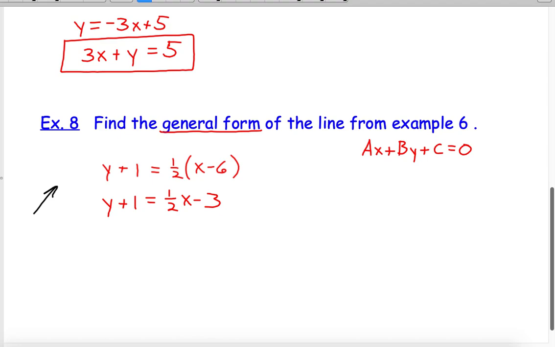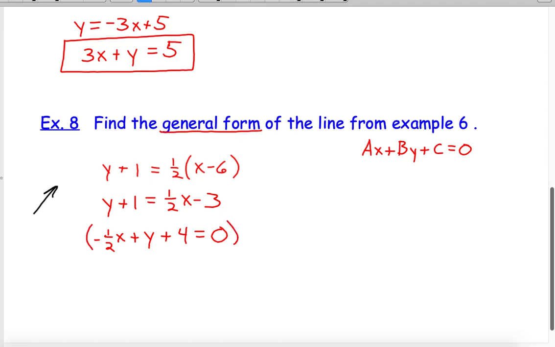All right, let's move the 1/2 x to the other side. So we're going to have negative 1/2 x plus y. Let's also add the 3 to the other side. And when we combine that with the 1, we'll get plus 4 equals 0. Now, the only issue here is we have a fraction, and that coefficient of x not only is a fraction, but it's negative.